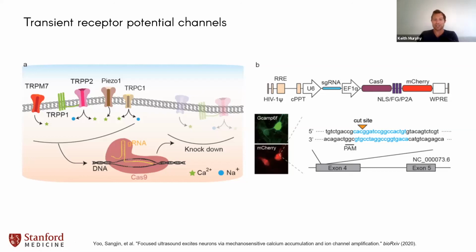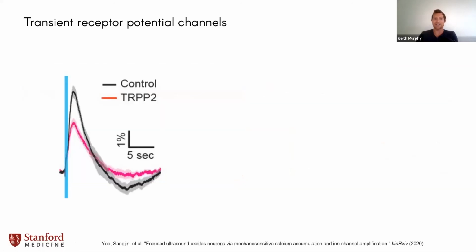He used CRISPR-Cas9 gene knockdown, which is really popular these days, where you use a virus to deliver a guide RNA, and it creates a sort of map of the local genome where these little scissors can come in and cut stuff out and put it back in. So he used these viruses to knock down different channels one by one, and then he would ask, are these neuronal cultures still sensitive to ultrasound?